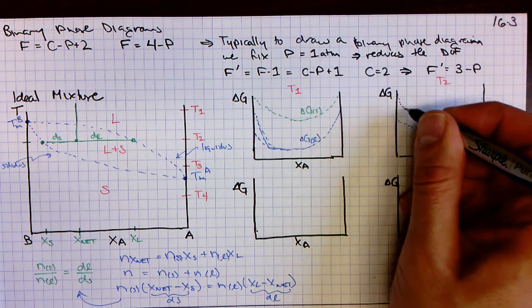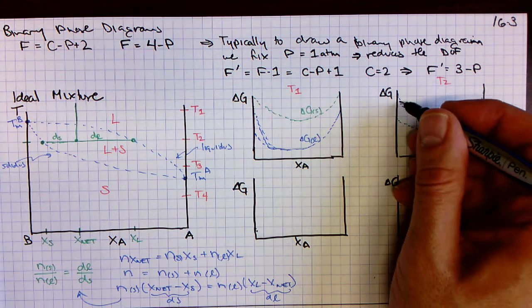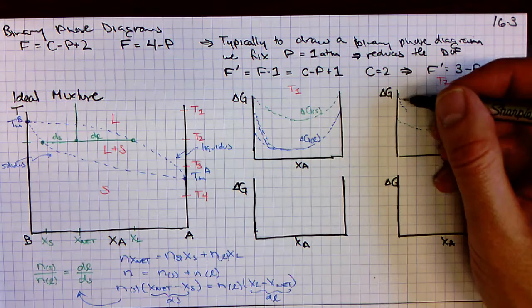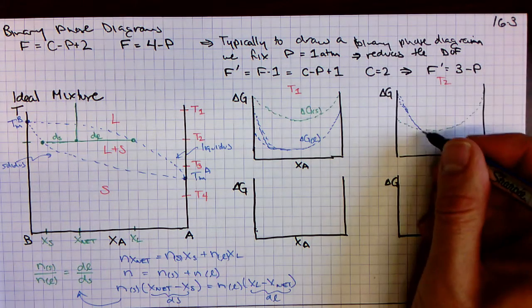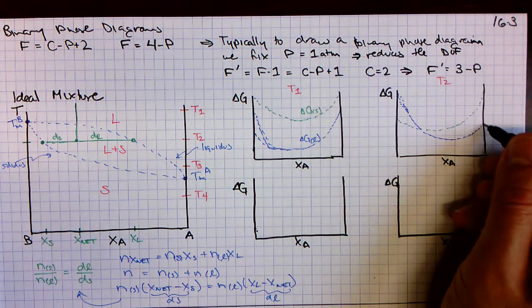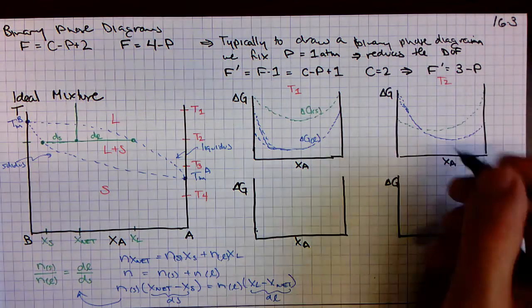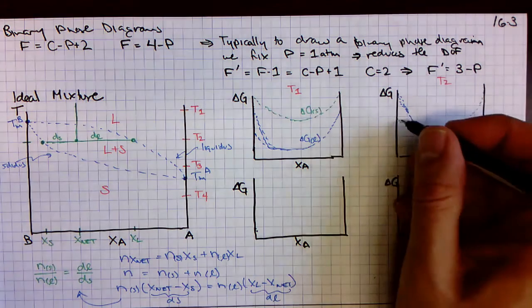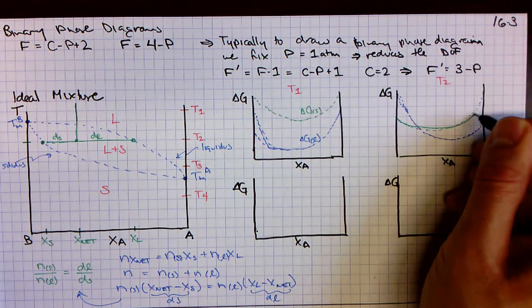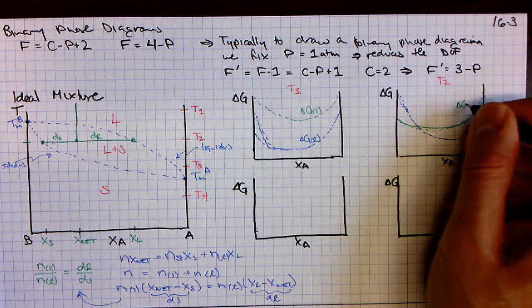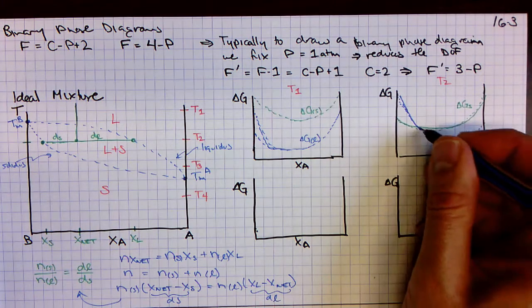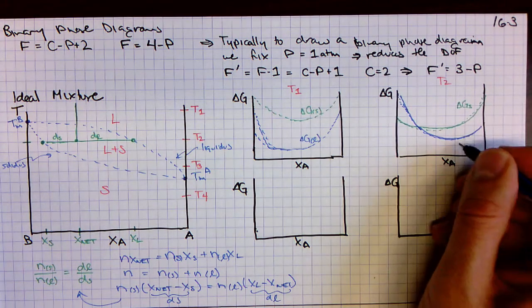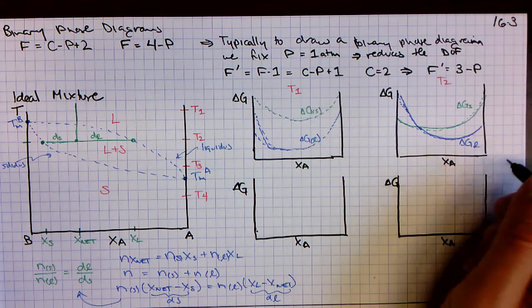So we have a free energy diagram that basically looks like this. Okay, so here we have, I'm going to just fill these in. So here we have delta G of the solid. Here we have delta G of the liquid.